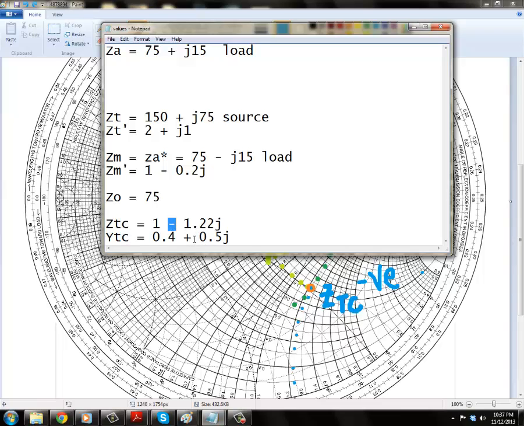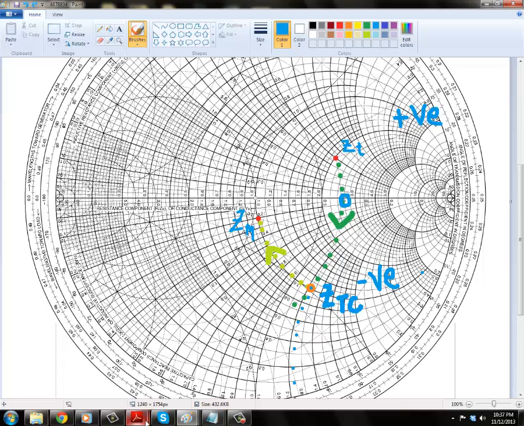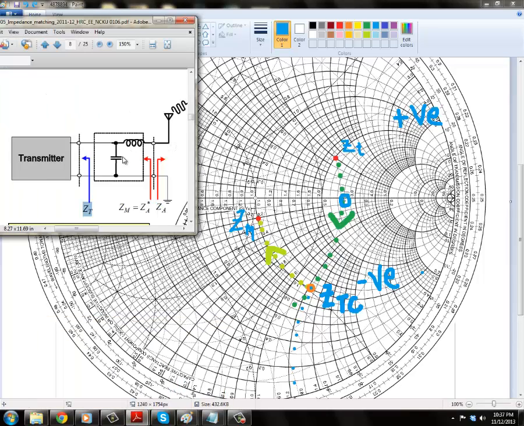And why is YTC positive? Because YTC is a 180 degree shift of YZT. That's why it's a positive sign over here. Now how are we going to get the value of our inductor and capacitor? For getting the value of the inductor, we move from the path of ZT to ZTC.